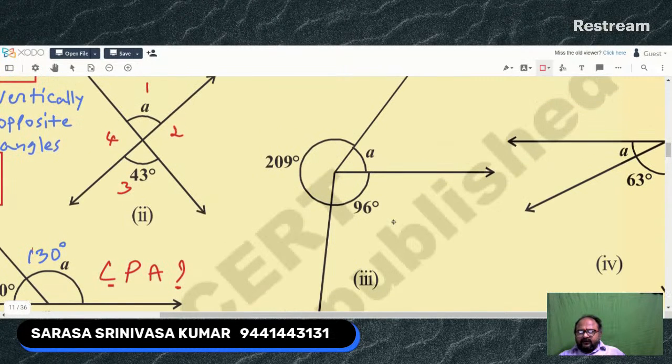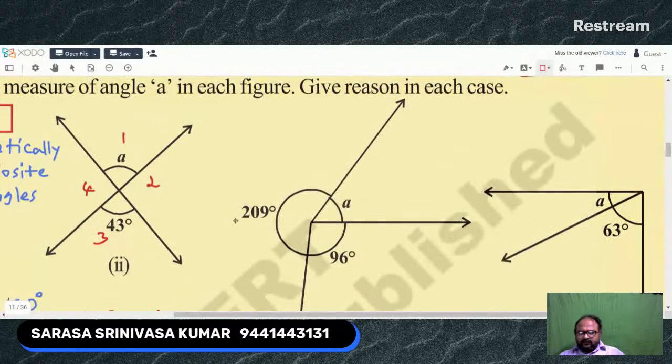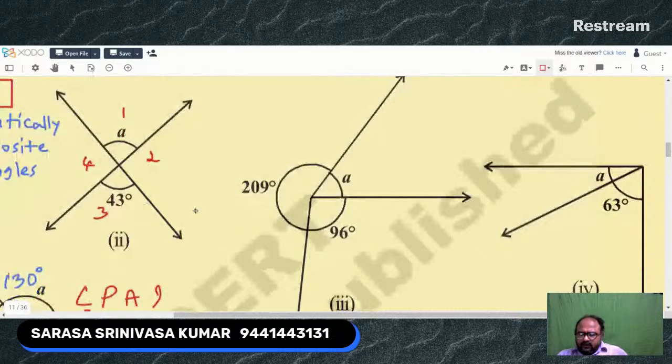Here, the third problem is given. You observe this third problem. Here, a point O is noted down. If you consider any point O, then the angles formed here, I am considering a straight line and a point on this straight line.